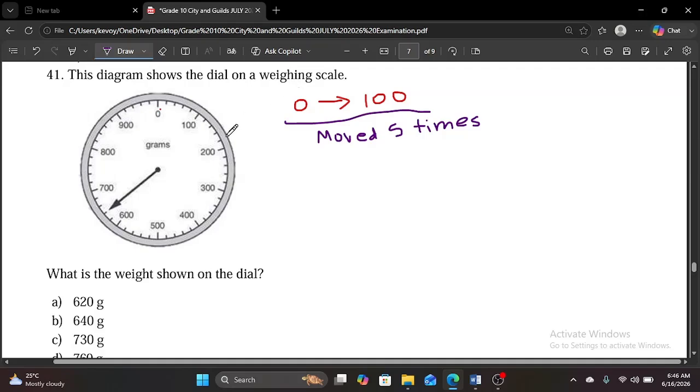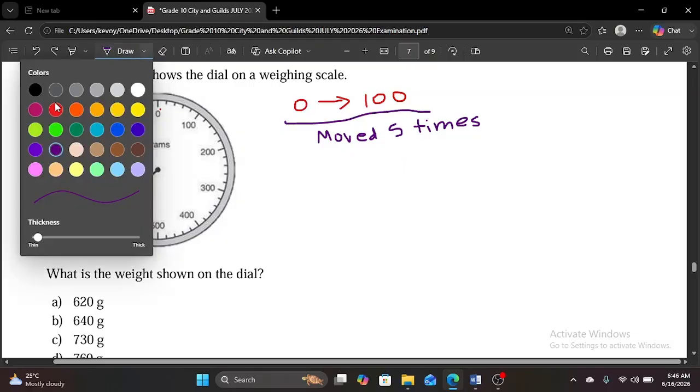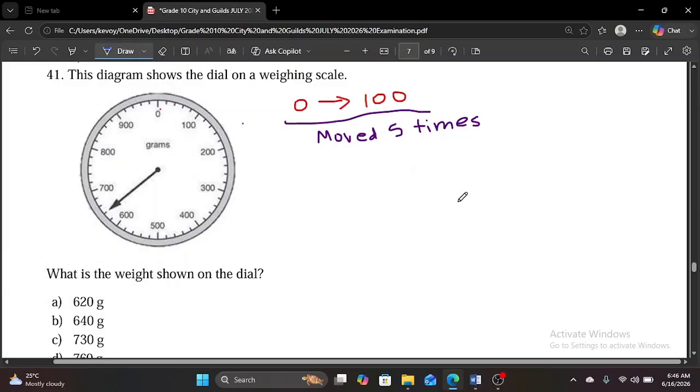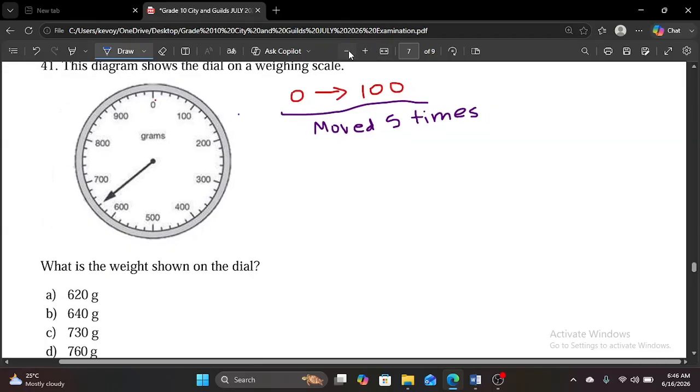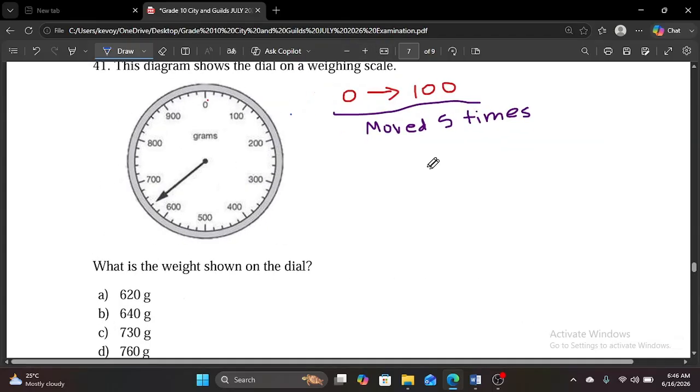That means if you want to know how much each line represents on your dial, you have to divide. From 0 to 100, our known value, our last digit right there is 100. We're just going to divide that by the 5 times that we moved and see what each line would be.